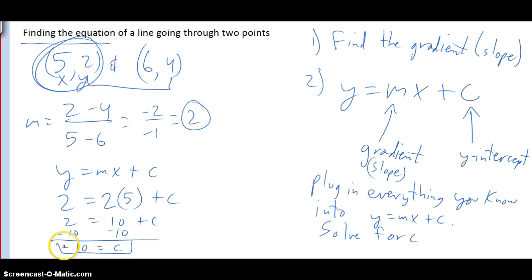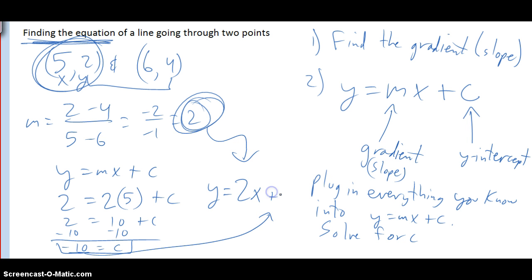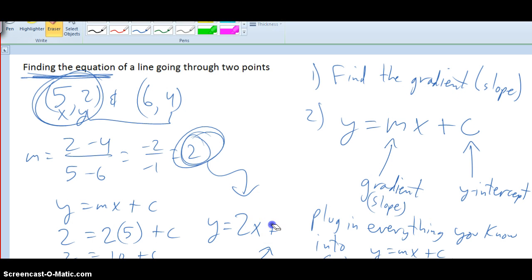Now, that's actually not my answer. That's the y-intercept. But I need to find the equation, so then I have to write the equation. y equals, I plug in my 2, and I plug in my c. Oops, it's not plus, it is in fact minus. So it's minus 10.